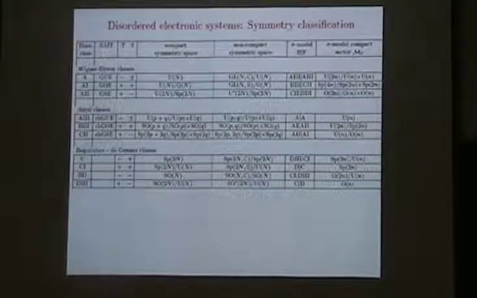That's the correspondence. For other ensembles, the corresponding spaces of matrices will form a tangent space to the symmetric space shown here.